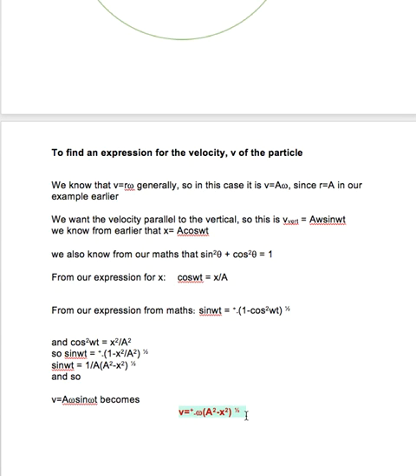And this again is an expression that you need for your A level. You have to be able to use that.